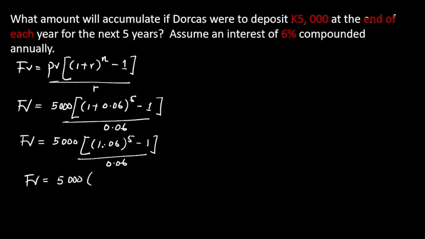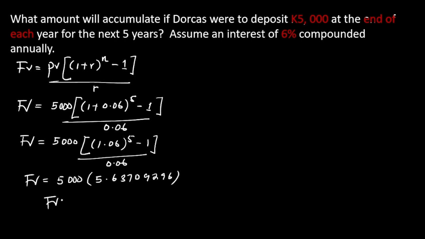Now 1.06 to the power 5, minus 1, divided by 0.06, is going to give us something like 5.6370 9296.